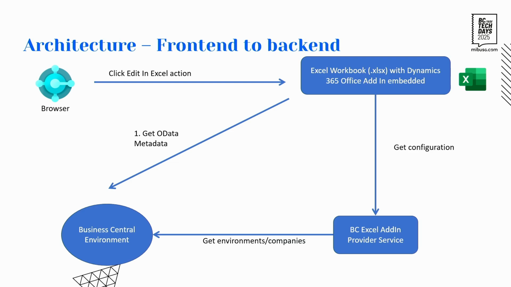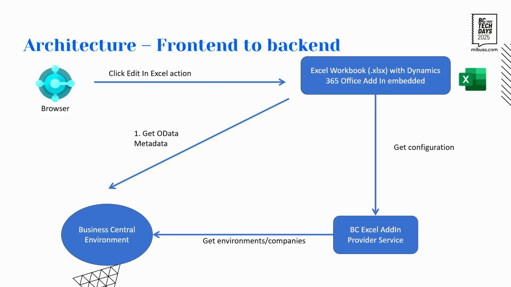Now, once the metadata is available to the add-in, this is what tells the add-in how to map the columns in the entity to the columns in Excel. So at this point of time, the metadata is responsible for making a connection between the entity and its properties and the columns in the Excel add-in that you see.